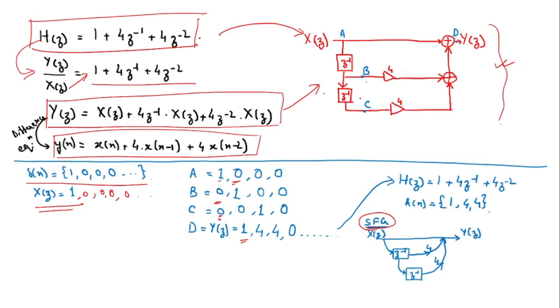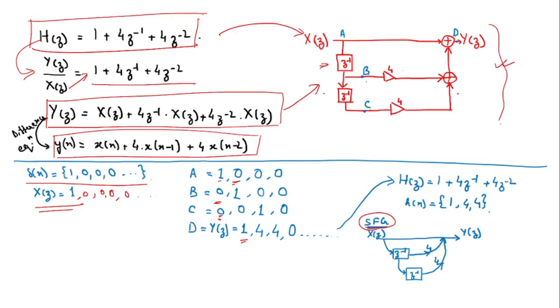In the previous instance, B had 1, because the A value from the previous instance was stored in this Z inverse. That is being released in the second instance. So B gets 1, B multiplied by 4 becomes 4, and it comes to the D.